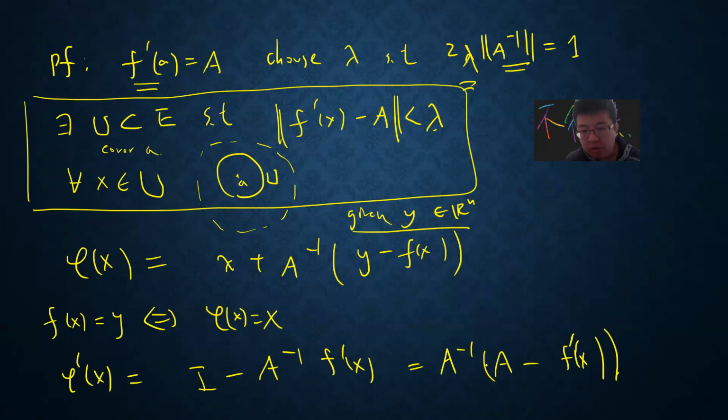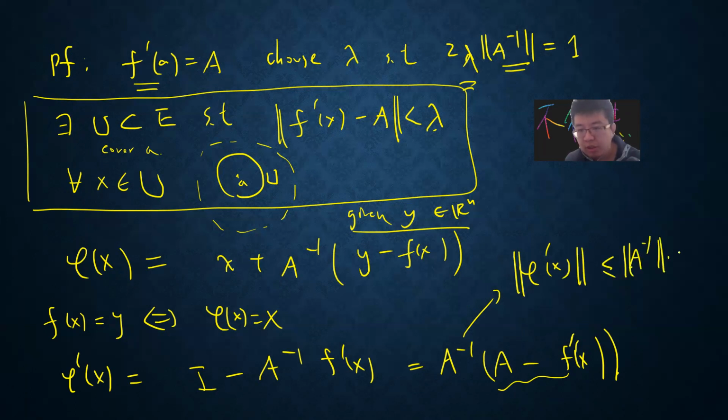Okay. So now A minus f prime, compared with A inverse, this guy is less than lambda if I take the norm, and this guy is bounded by this. So these tell me that the norm of phi prime of x is less than or equal to the norm of A inverse times lambda, which is one half.